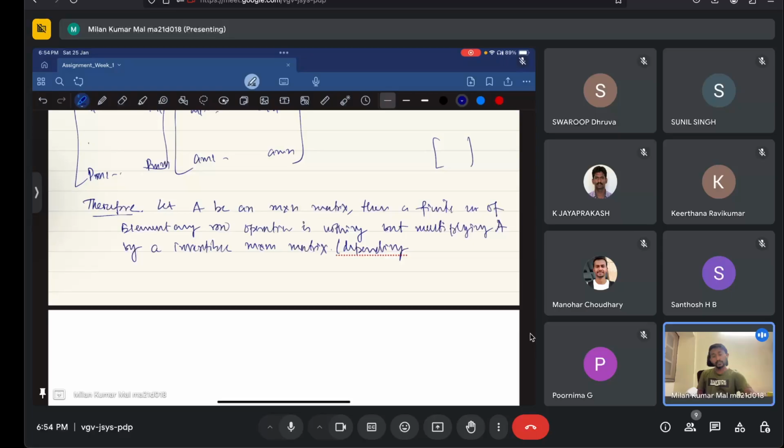Suppose we have initially the matrix A, and we have done an elementary row operation, so that means we are multiplying this matrix. After that we do another elementary row operation, which means we multiply the resultant matrix again by a new m by m matrix.